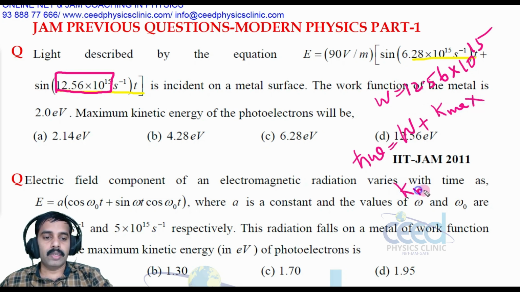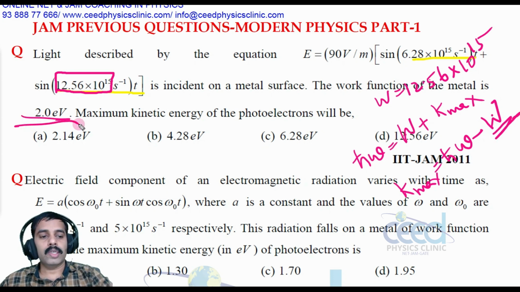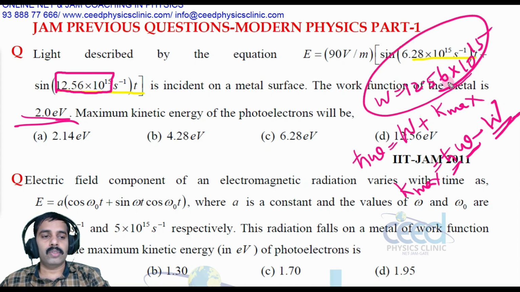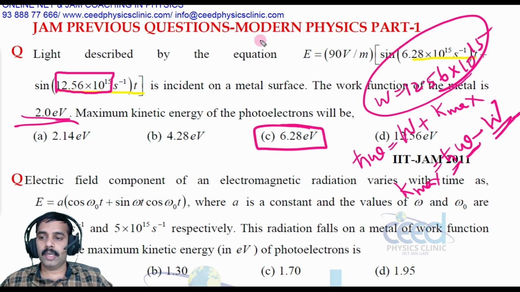K maximum is equal to h cross omega minus W. W is given, so the work function is 2 electron volt, and h cross we already know, that is h by 2 pi, where h is Planck's constant. Omega that we have chosen as 12.56 × 10^15. So when you substitute the values, you will get option C as the correct answer, right?